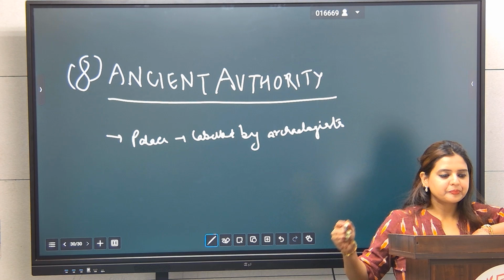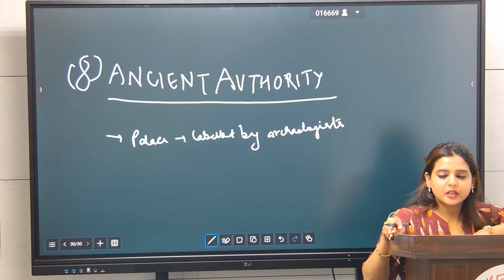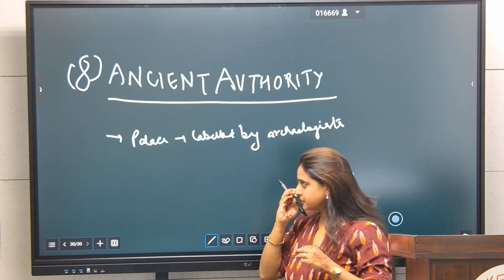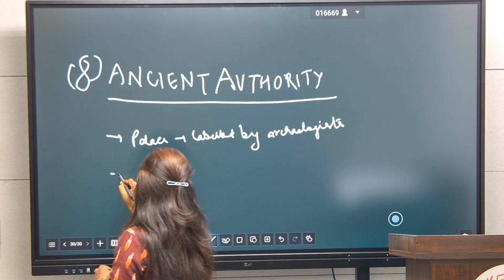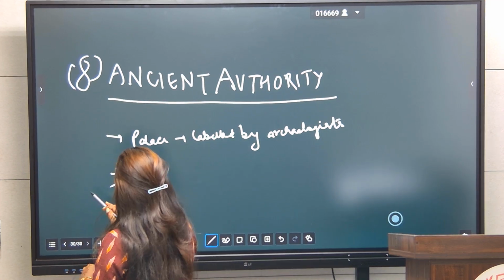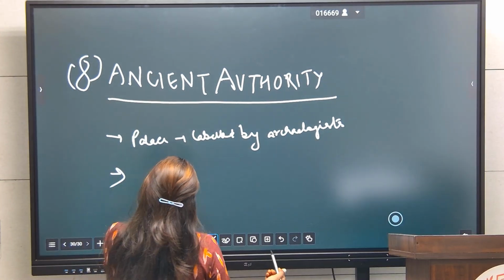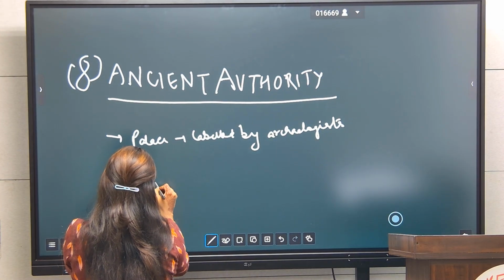There was a stone statue in Mohenjo-daro named Priest King. You must have seen in your notebooks, books, a statue of an old man that's called priest king.